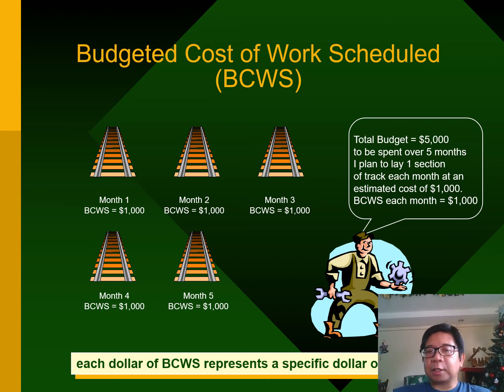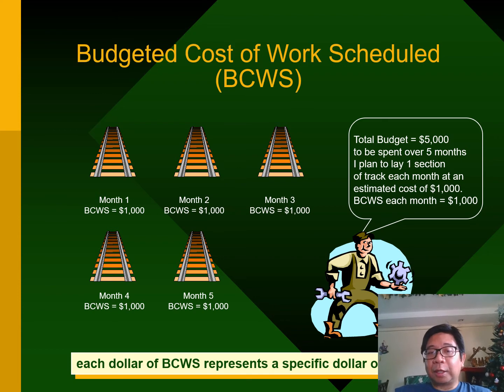Of course, you can actually change this along the way. You can say that in month 1, you are still testing out items. Therefore, your budgeted cost might be 3,000 in the first month. Then in the succeeding months, you will just spend 500 US dollars. Still, the total is 5,000 US dollars.